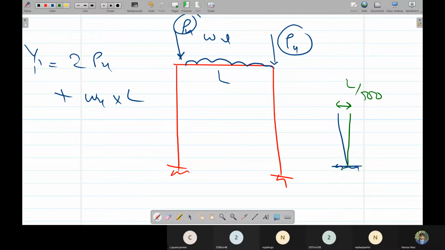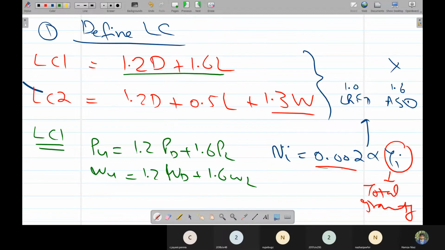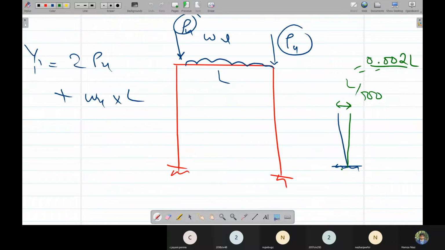So this L by 500 we are assuming as a factor of safety, that the column is not initially perfectly straight and is a little bit deflected. If we calculate this L by 500, it becomes 0.002. So this 0.002 comes from here.